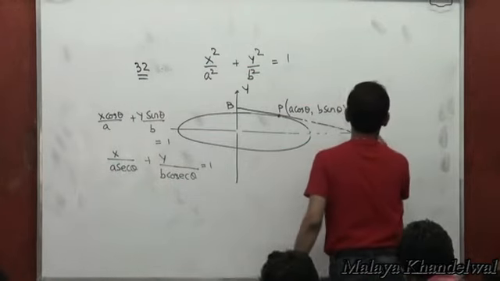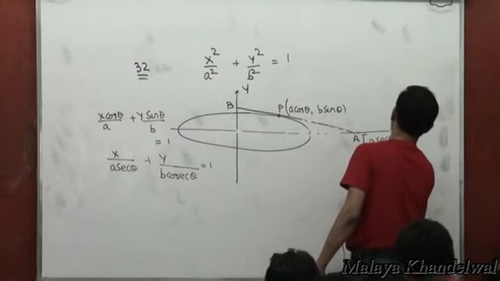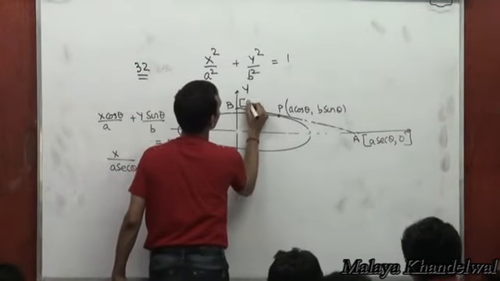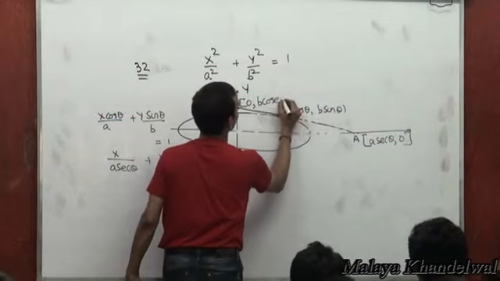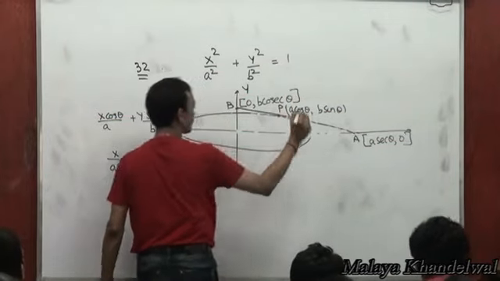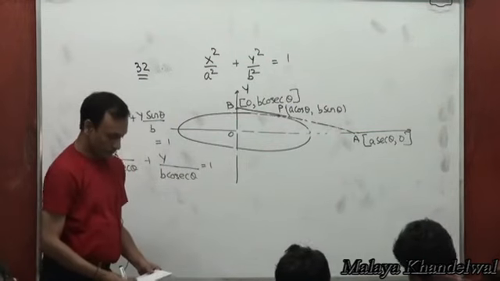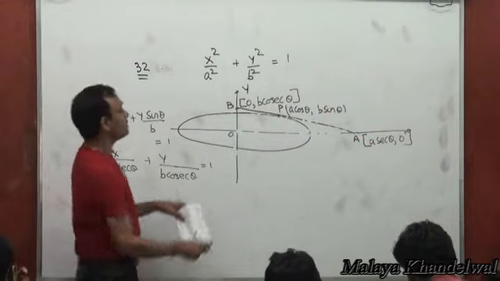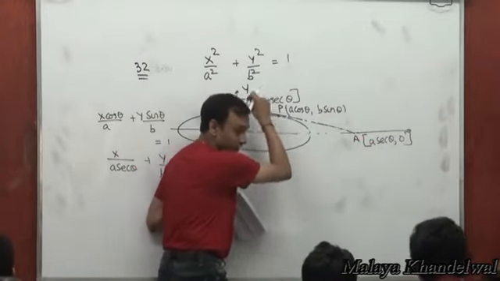This could be written as x by (a sec theta) plus y by (b cosec theta) equal to 1. So A could be written as (a sec theta, 0) and B is (0, b cosec theta). We need to find the minimum area of OAB. For different thetas, we'll have different areas, right?